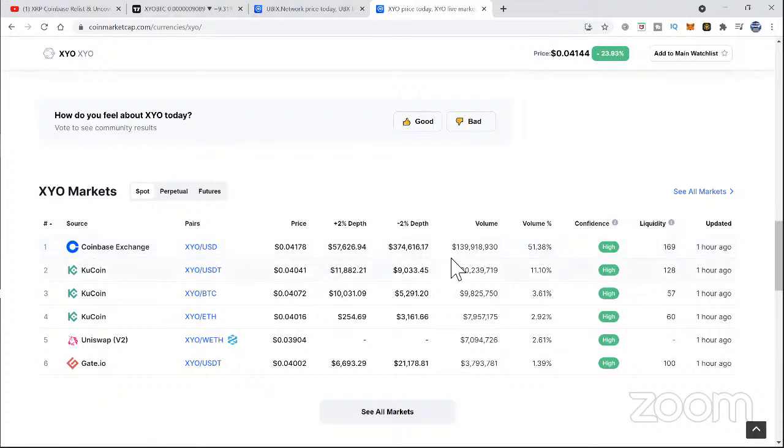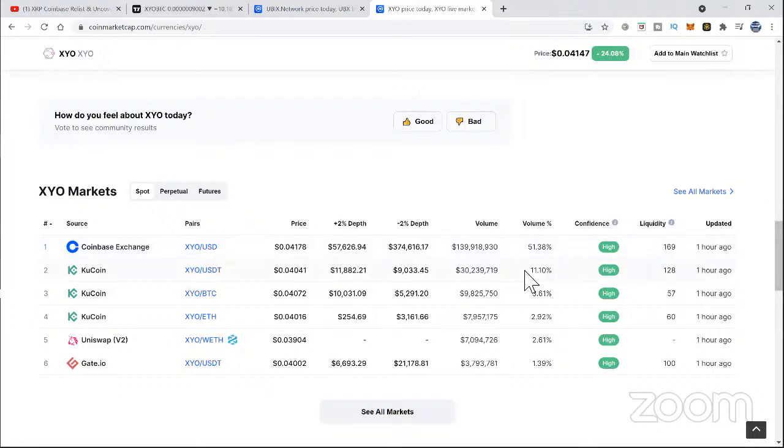So the volume, as you can tell, 51% of the volume that is being accumulated right now of XYO is on Coinbase. Beautiful, beautiful. So 2% volume, 139,000. I'm sorry, 139 million, guys. 139 million.